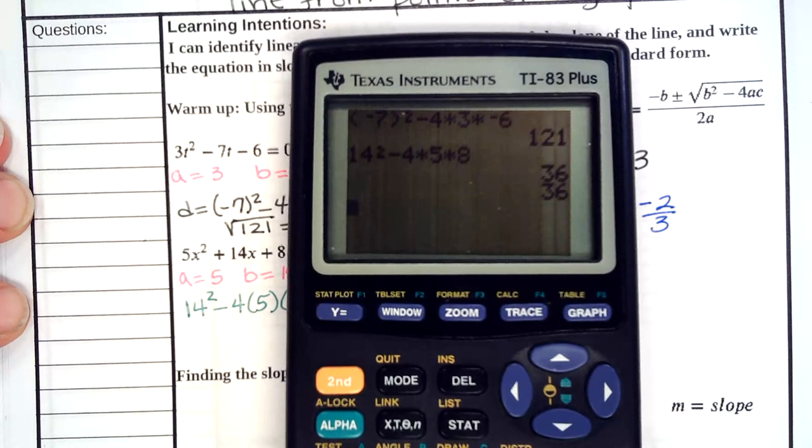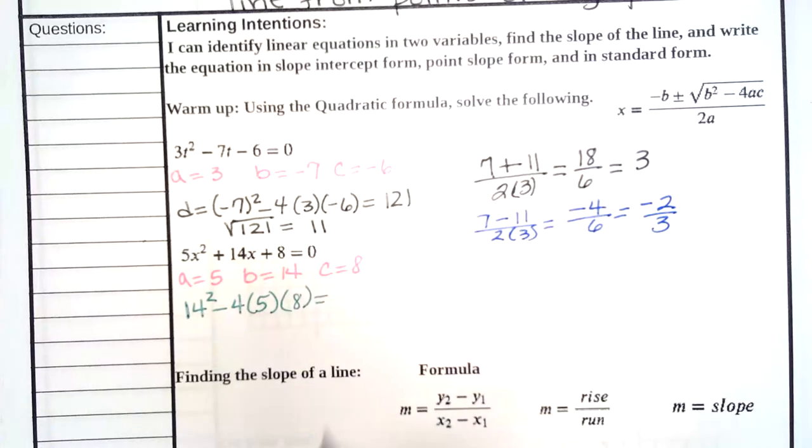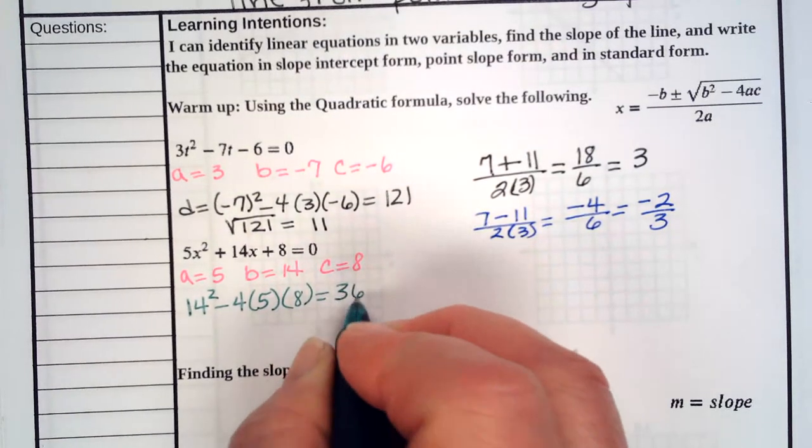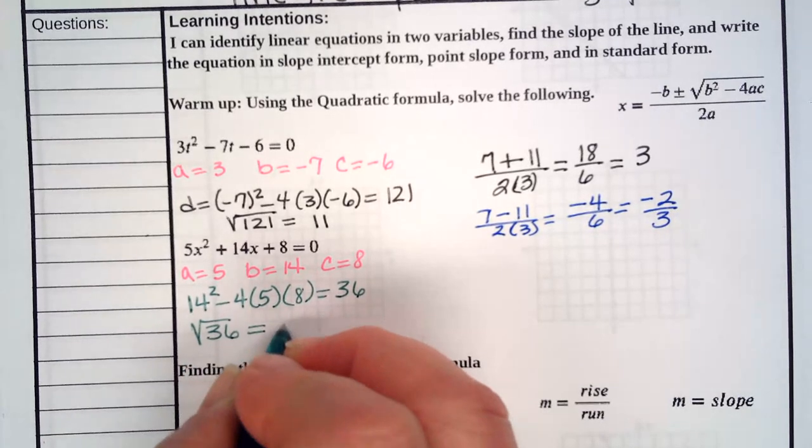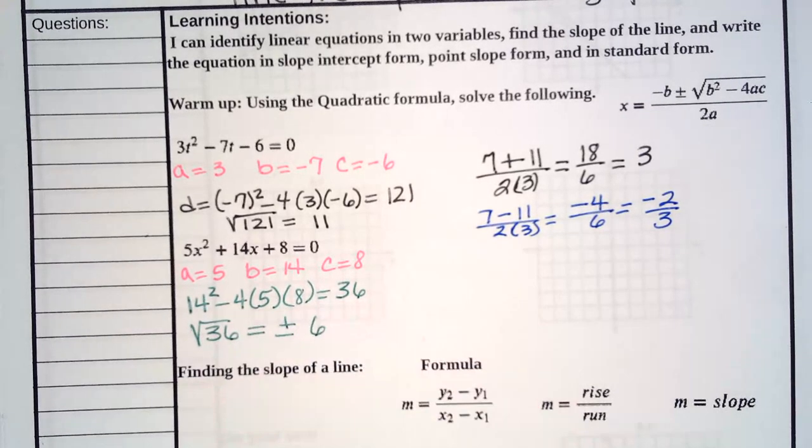Okay, when I do that, I end up with 36. Square root 36. Square root of 36 is positive or -6.